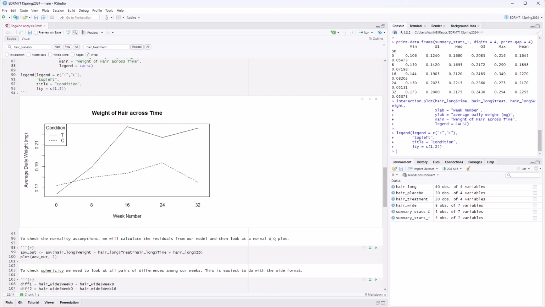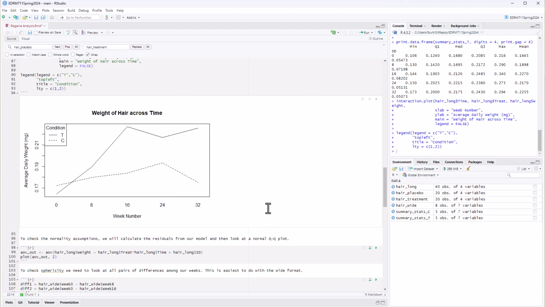Now, this should make it evident why we're primarily interested in the interaction and why we're not interested in main effects. Let's think about what the main effects would be. The main effect for treatment and control would mean we average all the week numbers together in the treatment condition and average all the week numbers together in the control condition and then compare them.